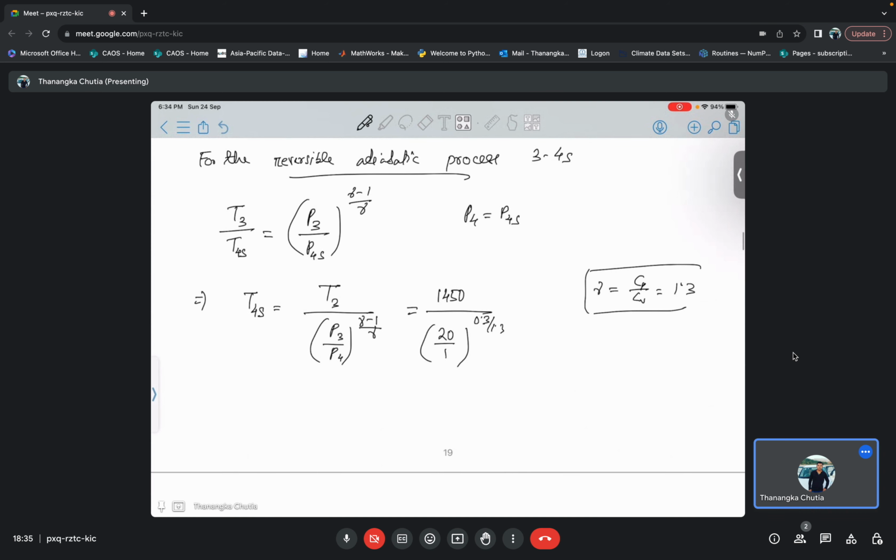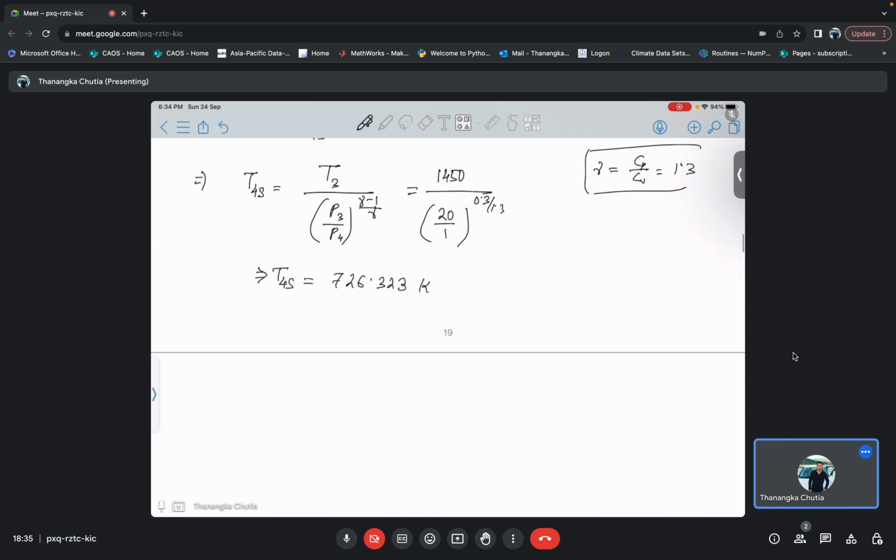From here T4s is equal to what? 1450 divided by 20 to the power 0.3. So it is 726.323 Kelvin.